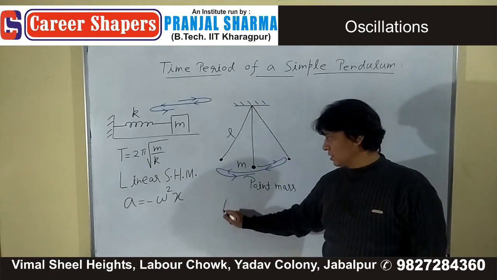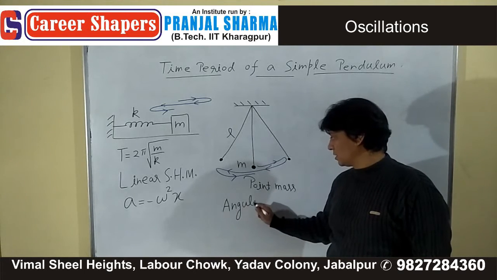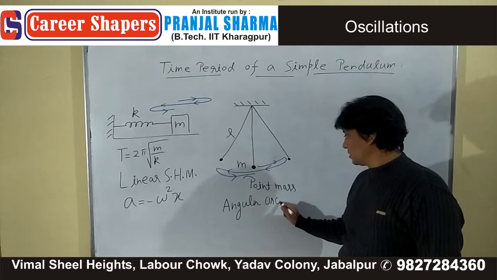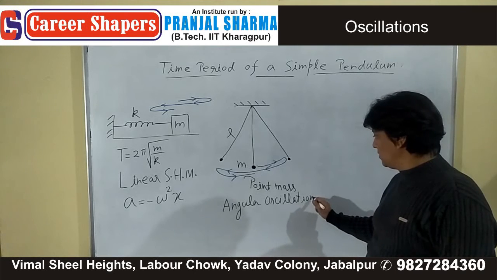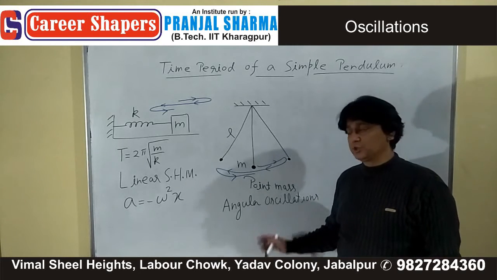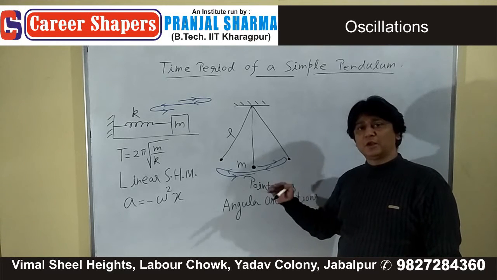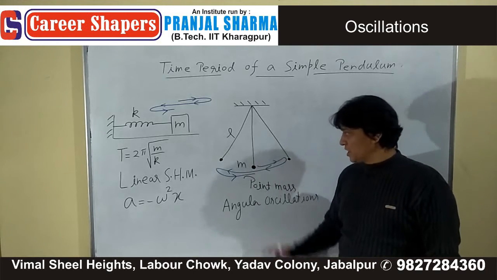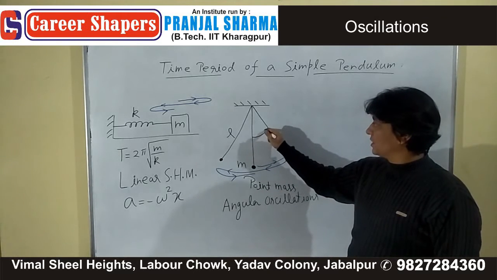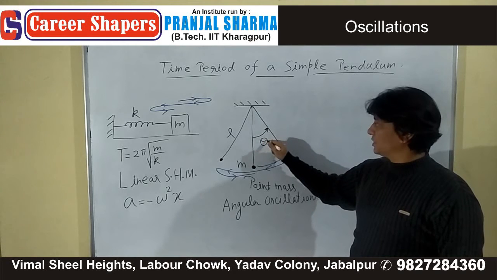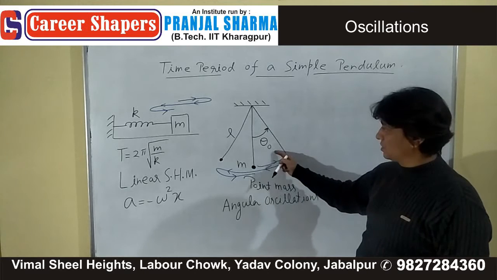Now what are these? These are angular oscillations. Remember I said angular oscillations. You will see when this thing becomes angular simple harmonic motion. These are angular oscillations. You have angular amplitude theta naught.